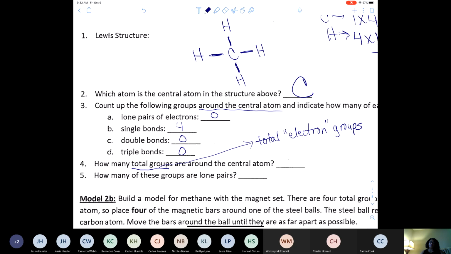How many groups of electrons are around the central carbon atom?